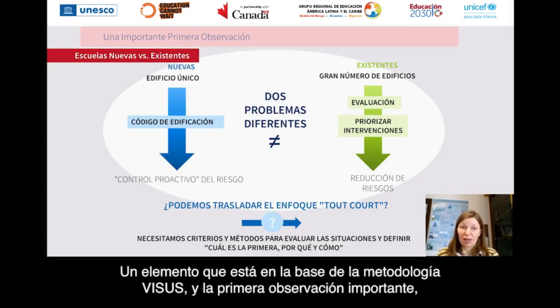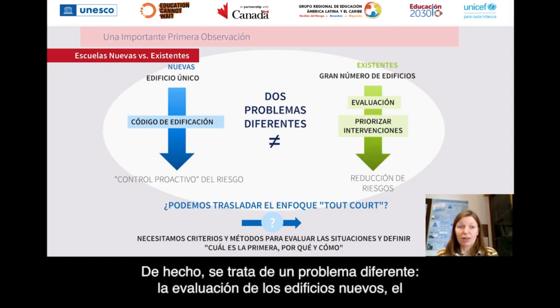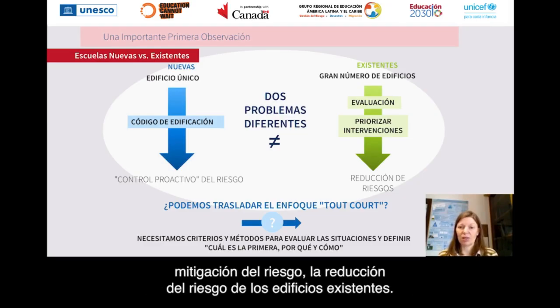One element at the basis of the VISUS methodology, and the first important observation, is that VISUS concerns existing schools. Indeed, the evaluation of new buildings, the risk control for new buildings, and the risk mitigation, the risk reduction for existing buildings, are different problems.